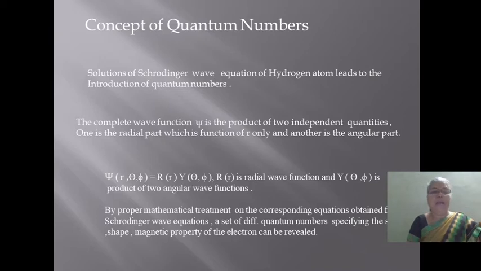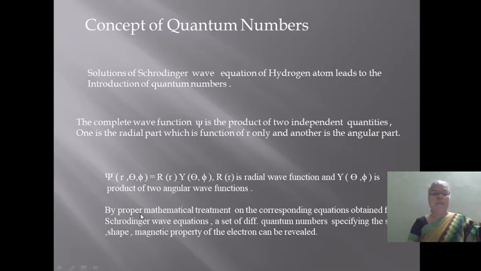Here psi is a function of r, theta, phi, and it is equal to R(r) times Y(theta, phi). R(r) is the radial wave function, and Y(theta, phi) is the product of two angular wave functions.